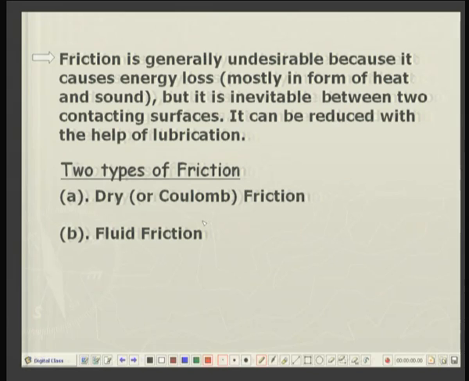Well, friction is generally undesirable because it causes loss of energy, as you will be learning later on, that when there is a force and the point of application goes through a small displacement, then some work will be done. So, that is the work lost due to friction, but in some cases this force of friction is a useful entity, as we will see.